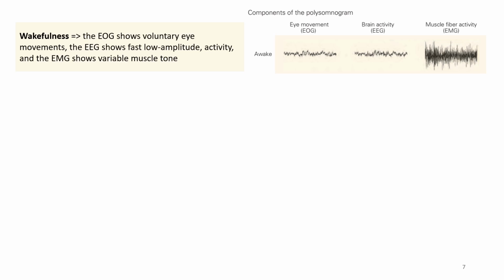Now, if we look at typical EOG, EEG, and EMG signals during wakefulness and sleep stages, we observe noticeable characteristics. During wakefulness, for example, we see voluntary eye movements, we see fast low amplitude EEG signals, and the EMG reflects variable muscle tone.